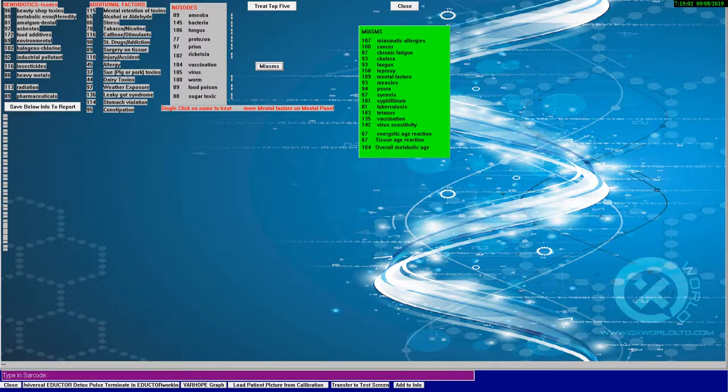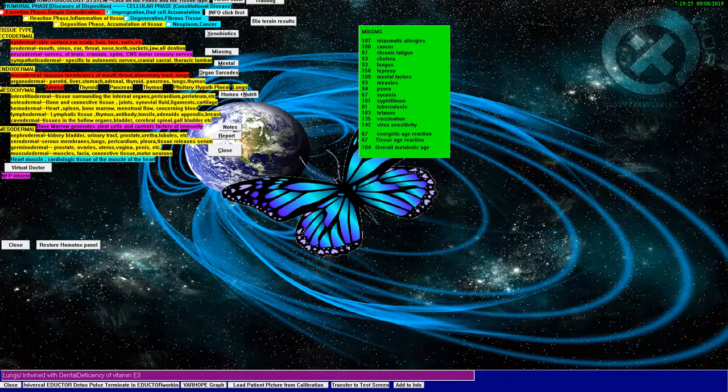And then leprosy, and all those miasms are vulnerabilities that we inherited from our ancestors, that are probably in our DNA. Okay, so this is something that we can just treat. We have the top 5 here, and we can treat. I will not do it because it takes some time, but you see how it works.